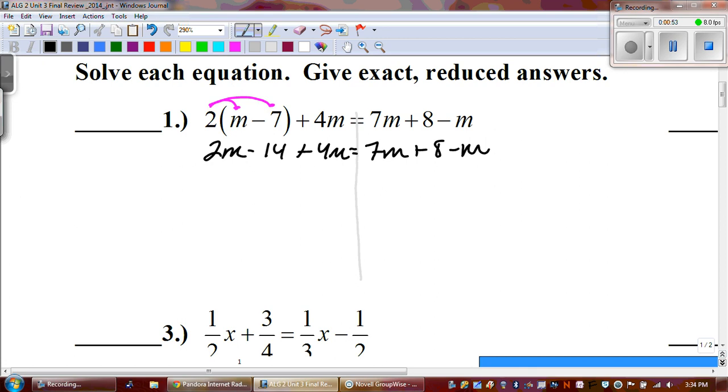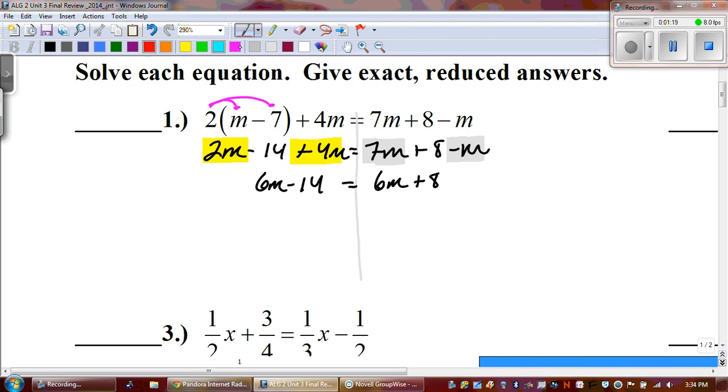After we distribute, we need to see if we can combine like terms. On the left side, 2m plus 4m is 6m minus 14. And on the right side, 7m minus m is 6m plus 8.